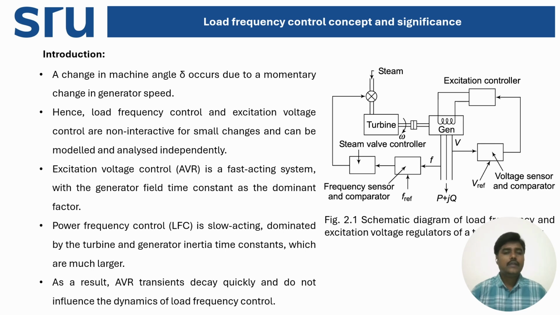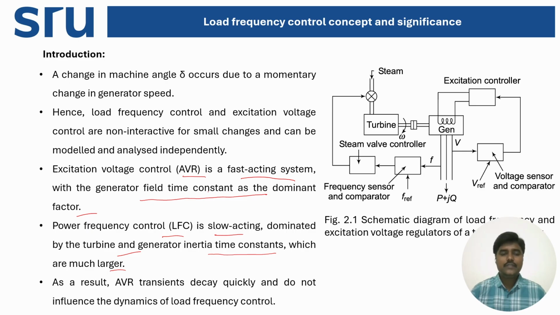Here the excitation voltage control, AVR, is a very fast acting controller with the generator field time constant as the dominant factor. Whereas the power frequency control or the load frequency control is a slow acting one, as it is dominated by the turbine and generator inertia time constants, which are much larger.